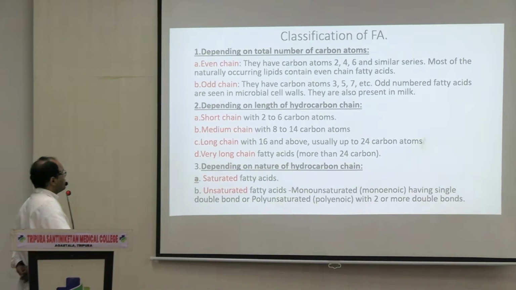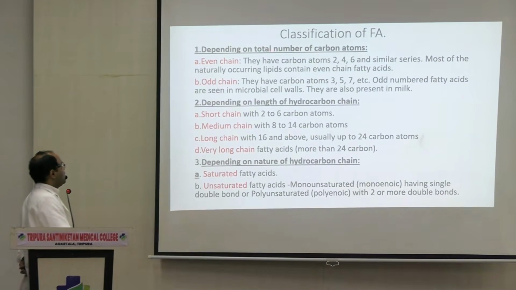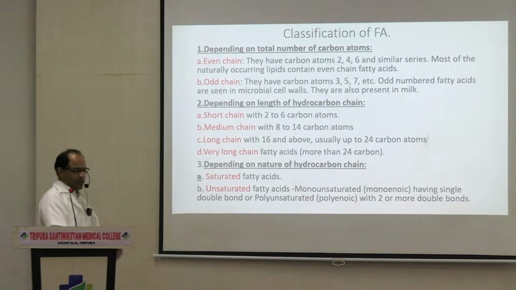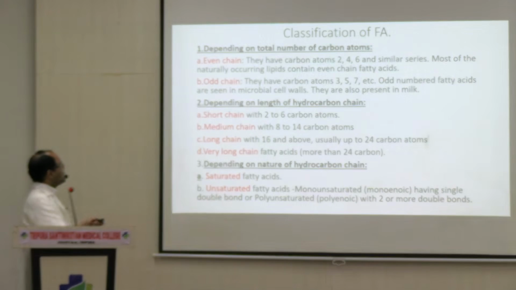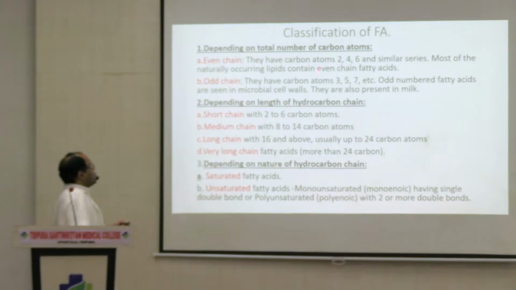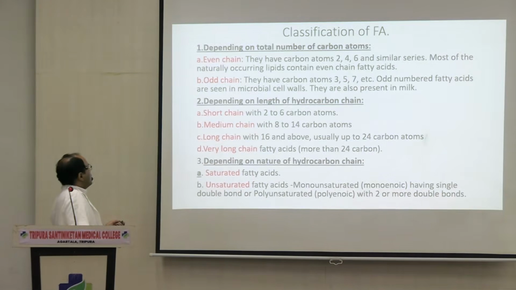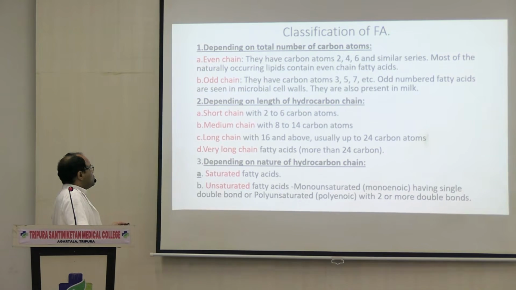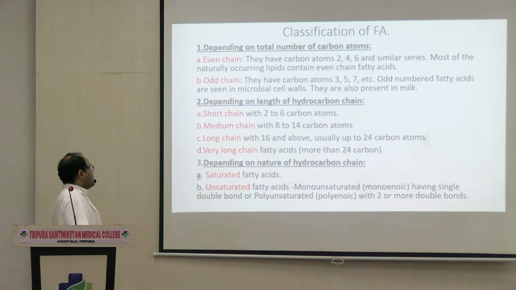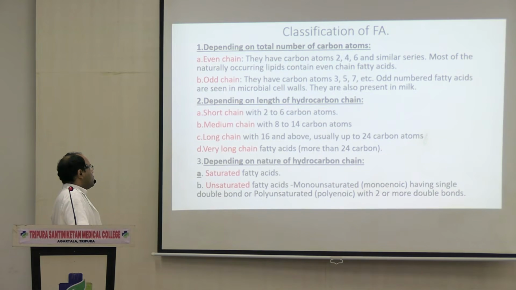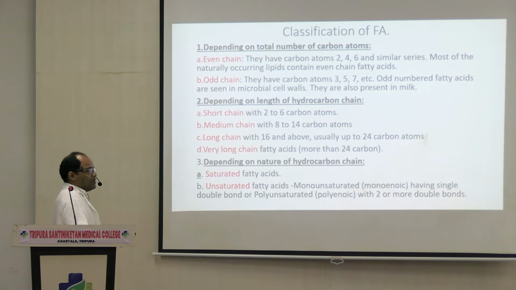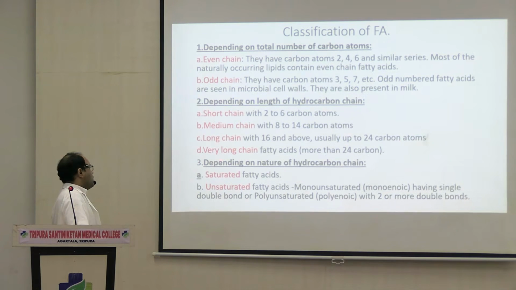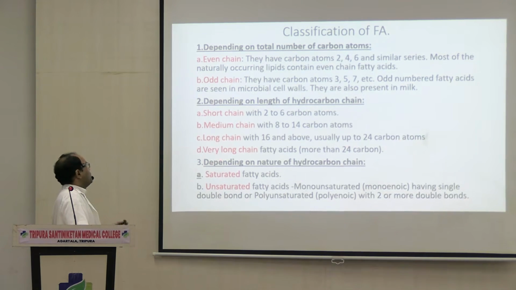Classification of fatty acids depending on the number of carbon atoms, that is, the length of the carbon chain: short chain is 2 to 6 carbon atoms, medium chain 8 to 14 carbon atoms, long chain 16 and above up to 24 carbon atoms, and very long chain is more than 24.